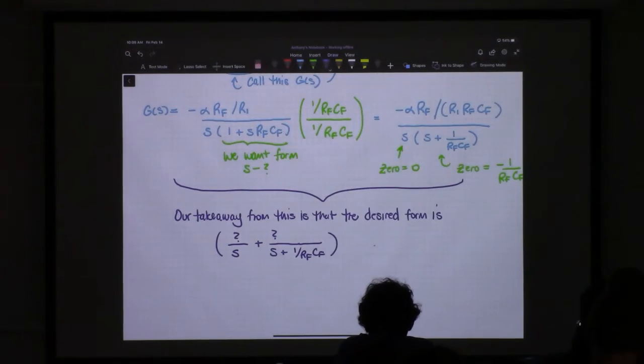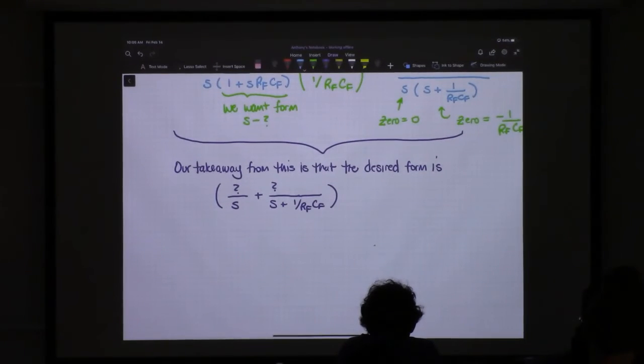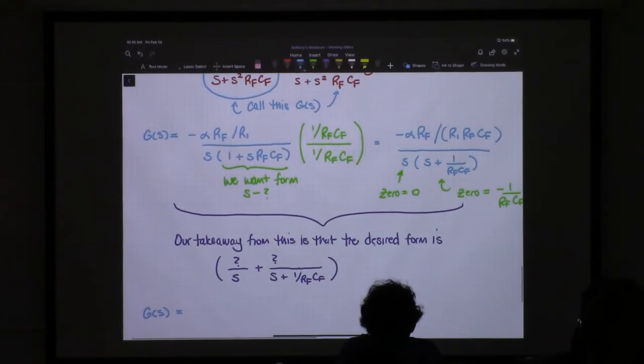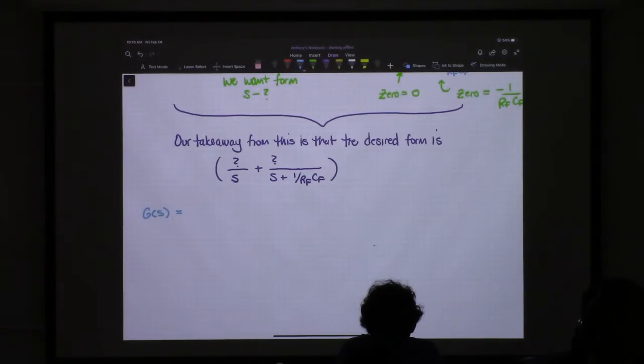So the takeaway from what we did up above is that our desired form is going to look like this. We don't know what is going to be in the numerator just yet, but that's the partial fraction expansion. Okay, so now we have G of s, again, is equal to, so I'm going to go ahead and pull out all the coefficients that are right here. So that gives us negative alpha RF over R1 RF CF.